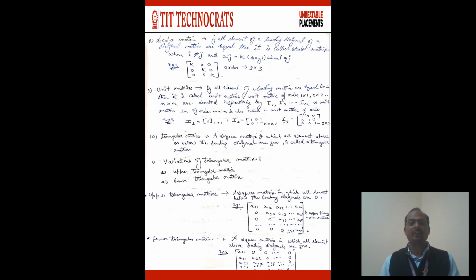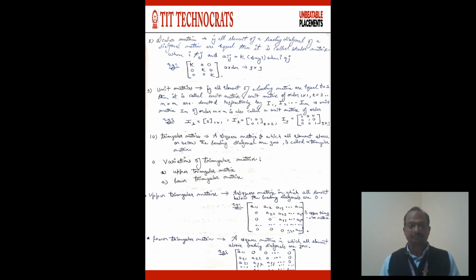Since all elements are the same, this is called a scalar matrix. And when you take k as a common factor, you will get strictly 1 on the diagonal. Such a matrix is called a unit matrix. A unit matrix can be of order 2, order 3 and higher orders also.